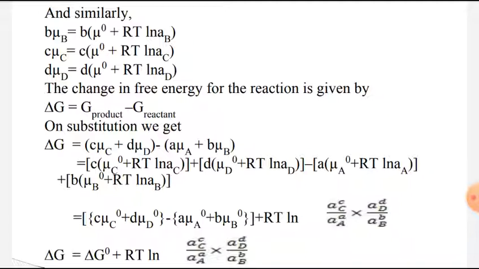In a similar manner, the change in free energy for the reaction is given by del G, which will be equal to G product minus G reactant. It means the free energy of the product minus the free energy of the reactant.